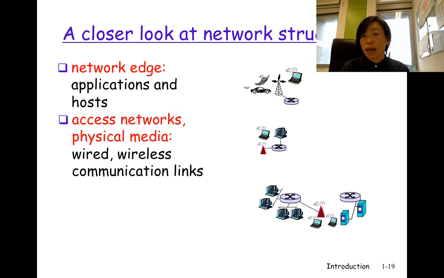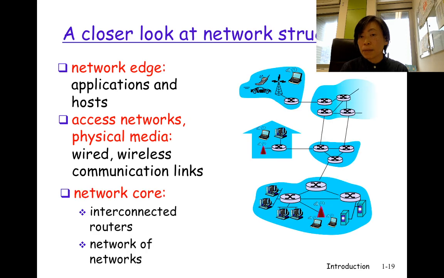There is an access network, and communication links allow the edge of the network to connect to the access network. Each of these forms a smaller network: for example, a mobile network, a residential network, and an institutional network. And these are ISPs. Together, they form a network of networks.